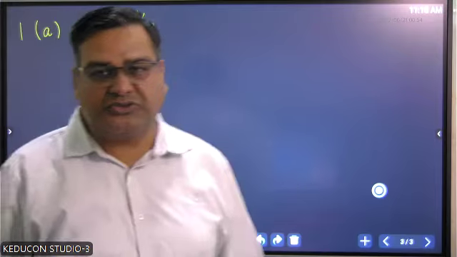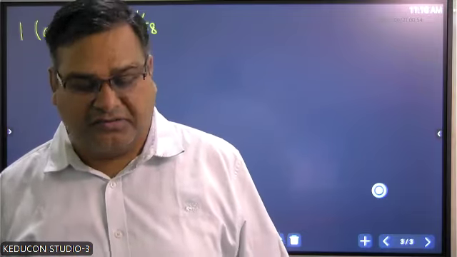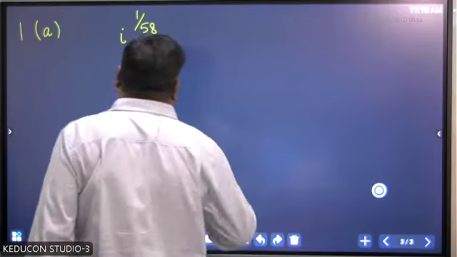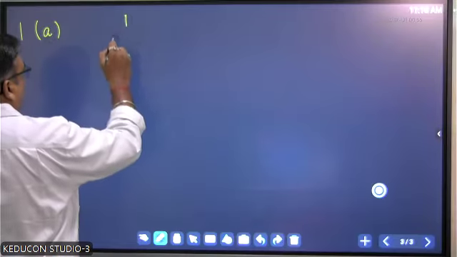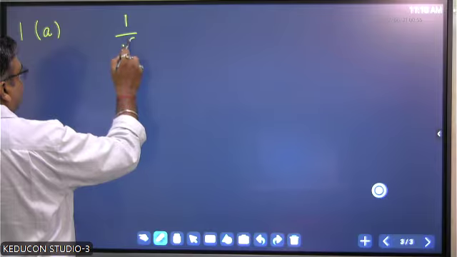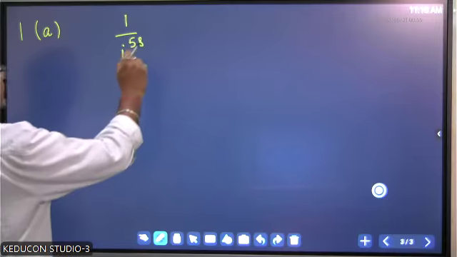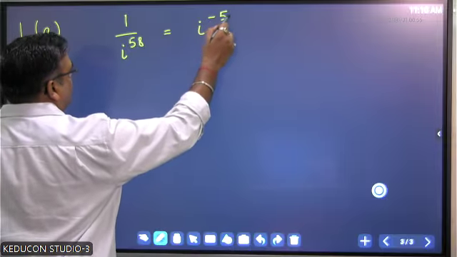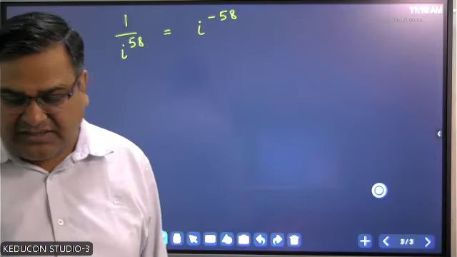How to do this question? It is 1 upon iota raised to power 58. So this can also be written as iota raised to power minus 58. Is this clear or not?